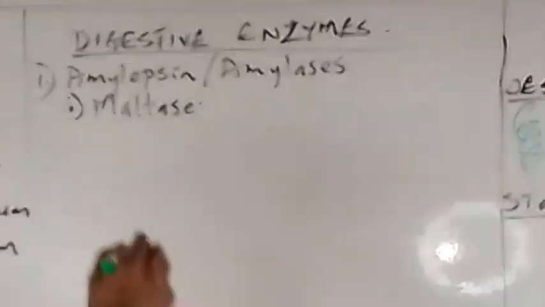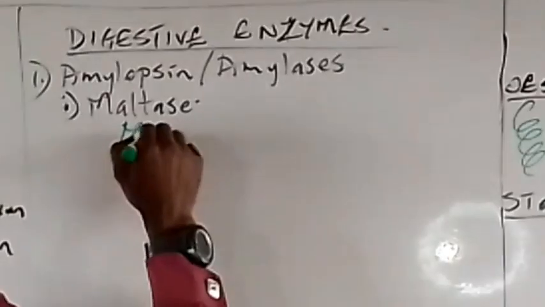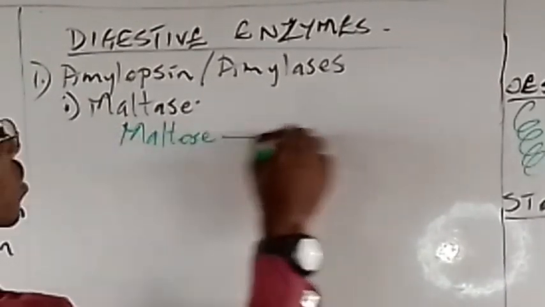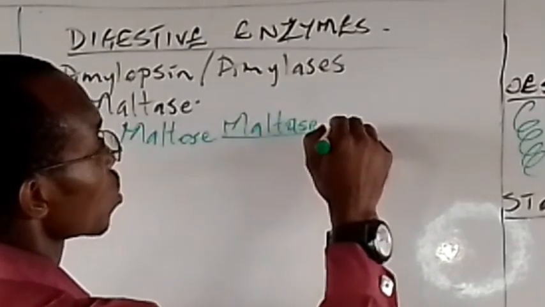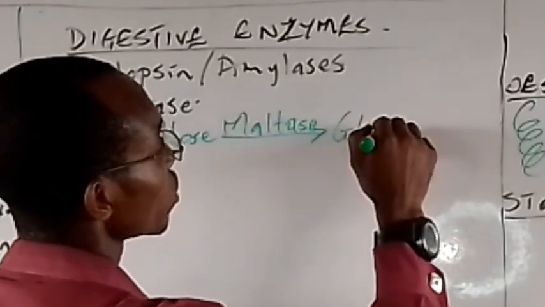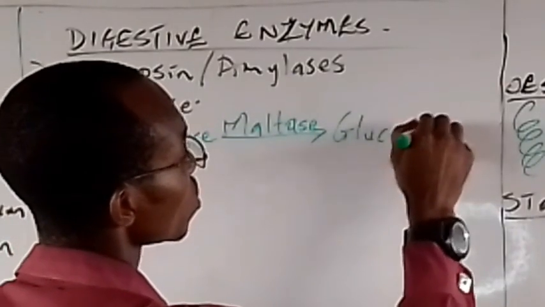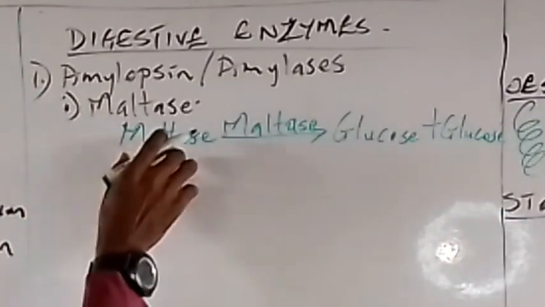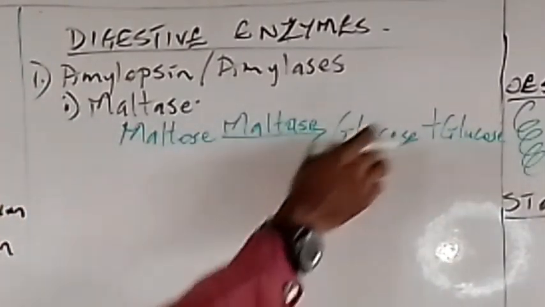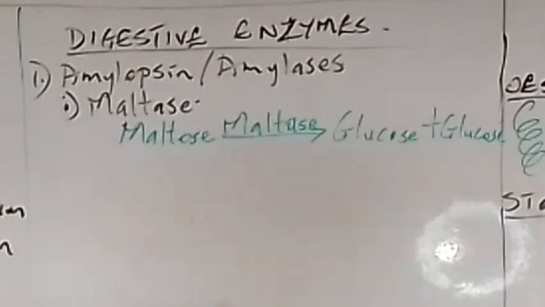What does a maltase do? A maltase helps to convert maltose. It converts maltose to two molecules of glucose. Glucose plus glucose. That is what a maltase does.